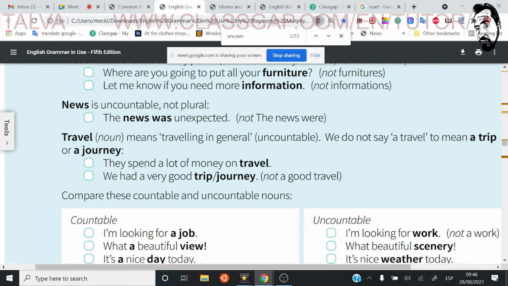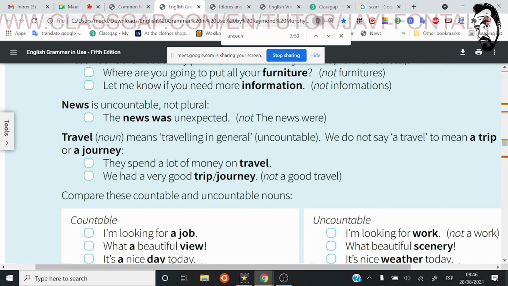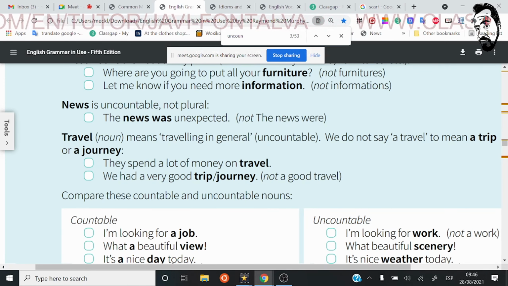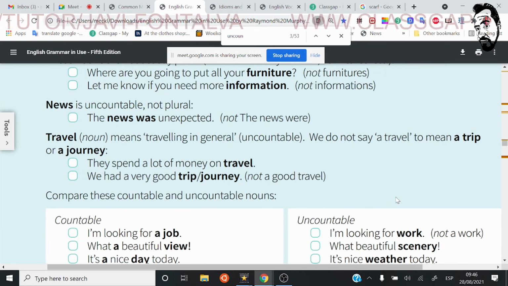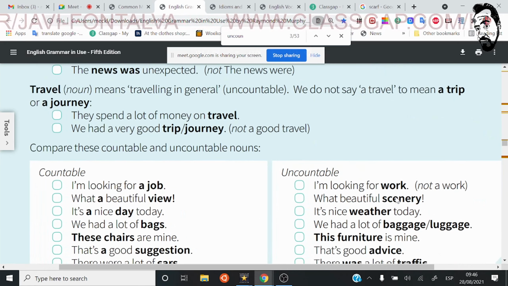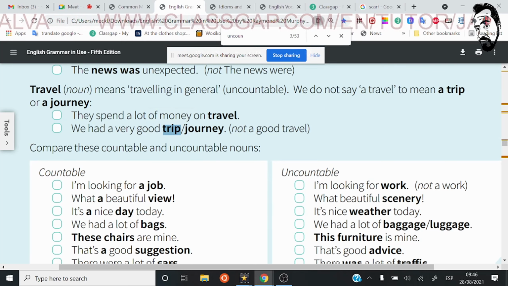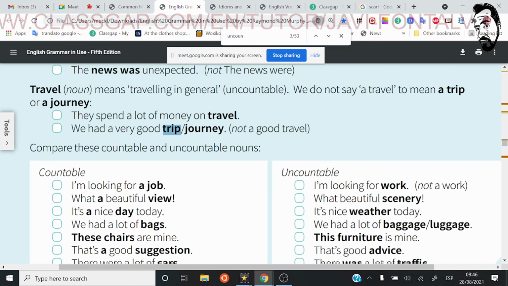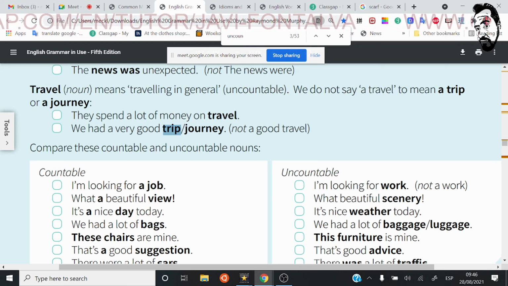Journey means the movement, the journey between two places. So can I say I have a lot of journey along the week? No, in that case I would say trip. Trip is the whole experience. For example, we say a trip to Paris.